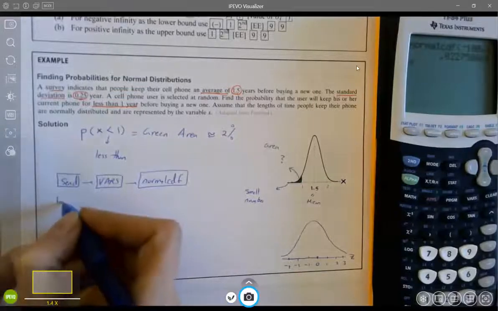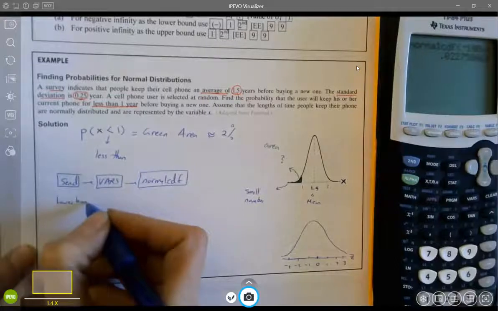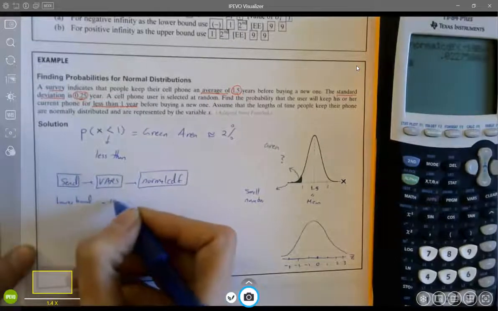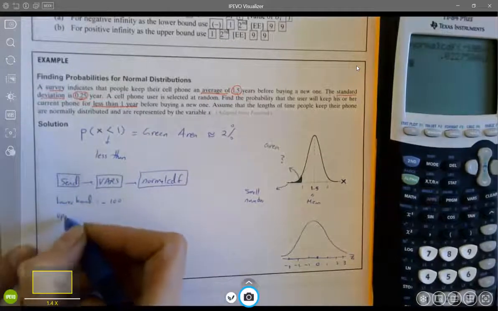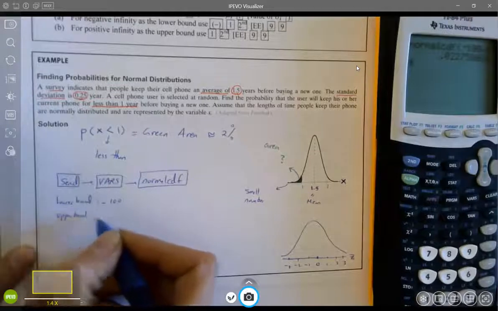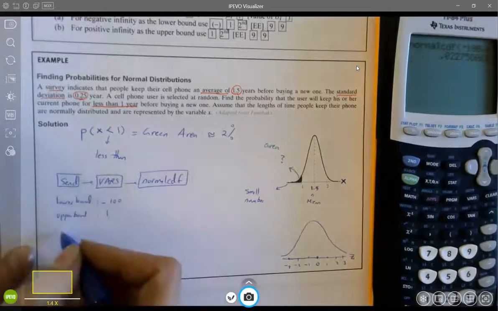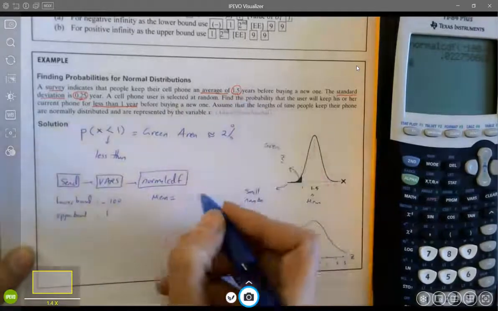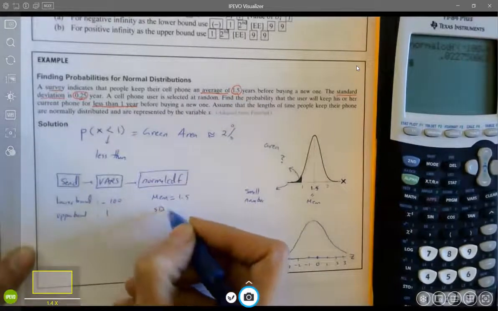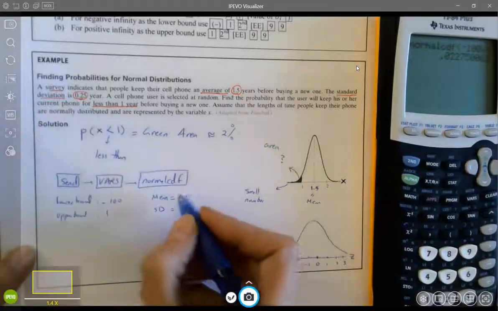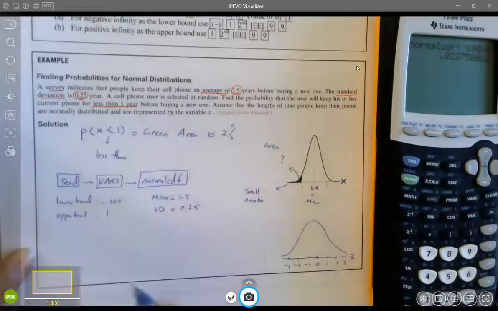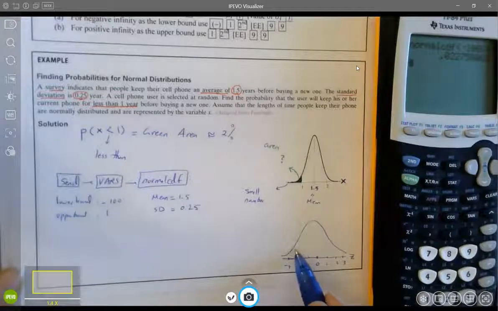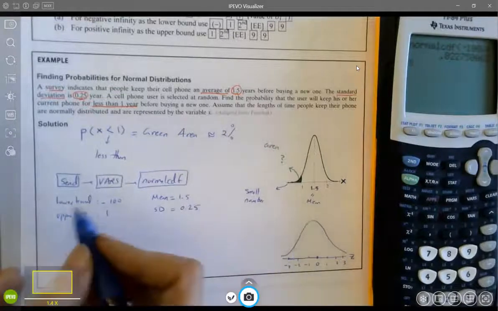So our lower bound, let's write these down. Negative 100, negative 1,000. Our upper bound is 1, and the mean as given to us is 1.5 years, and the standard deviation as given to us is 0.25. You might say, hey, why not use the standard normal distribution?